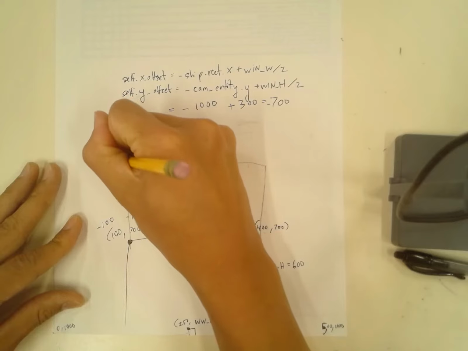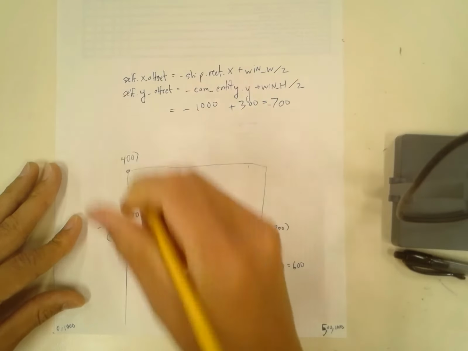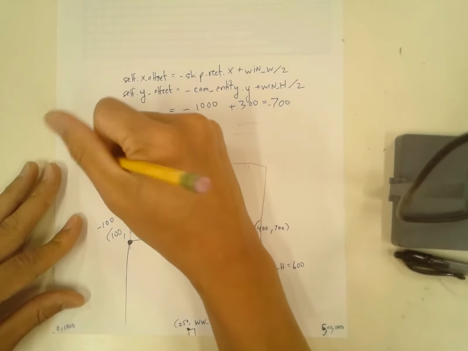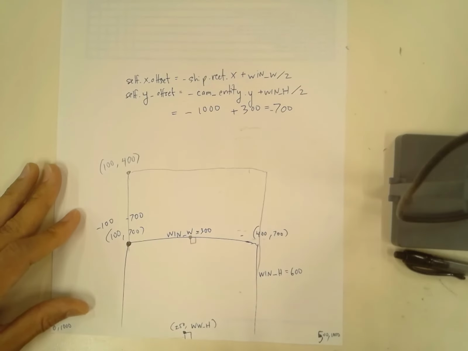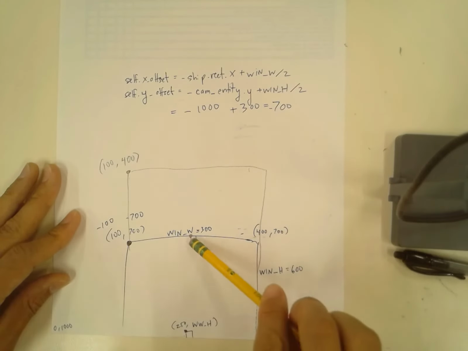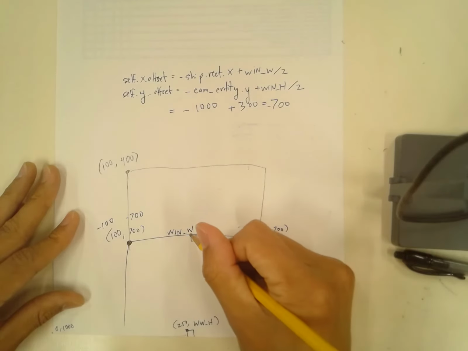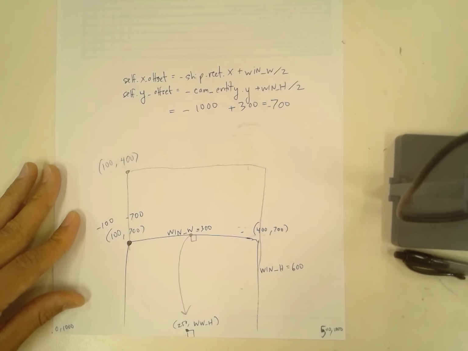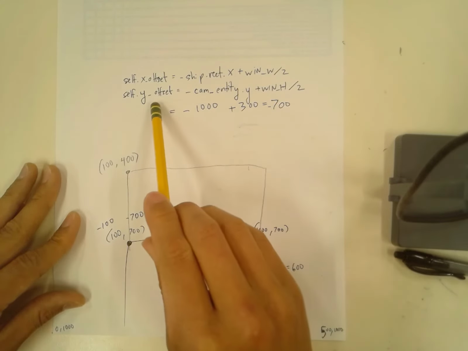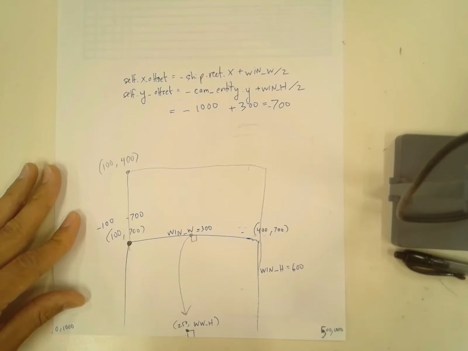So this top left corner's y position would be 400, and the top left's x position would still be 100. So if the camera entity is anywhere from here down to here, we want to set the y offset to what it would be as if the camera entity was here.